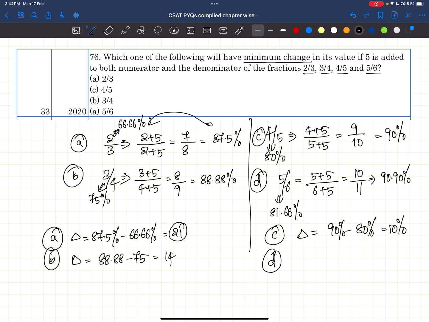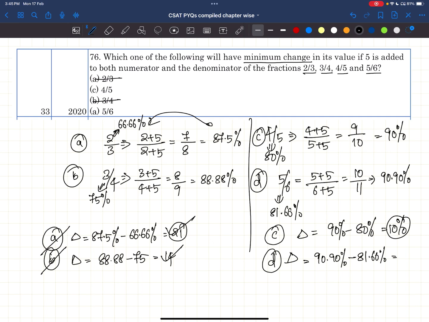Now, option D. For 5 by 6, what is the change? 90.90%, right? See, this is 10% and this is 21 and this is 14. That means 2 by 3 can't be the answer and 3 by 4 can't be the answer, right? Now, for 5 by 6, the resultant is 90.90% and this is 81.66%.